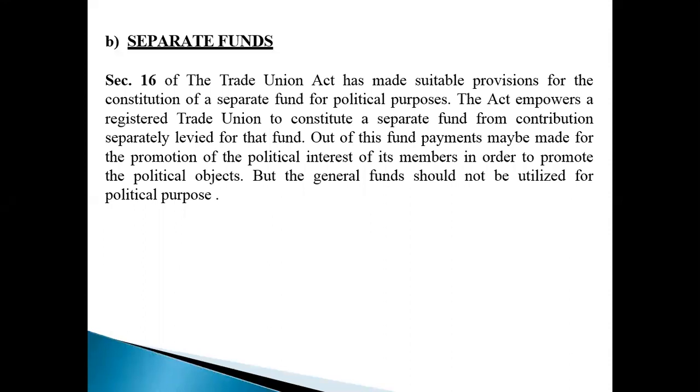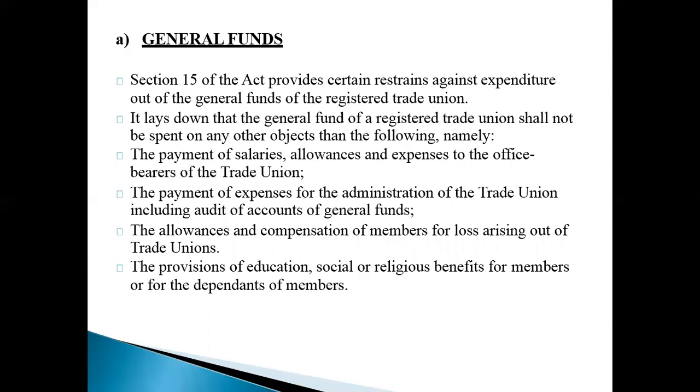But the general fund should not be utilized for political purposes. So they have separated these 2 particular funds: the general fund and separate funds, right? So this is all about the Trade Union Act 1926.